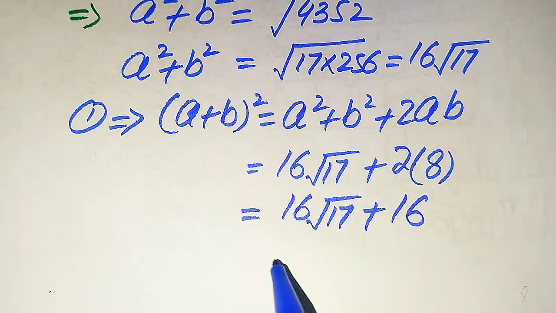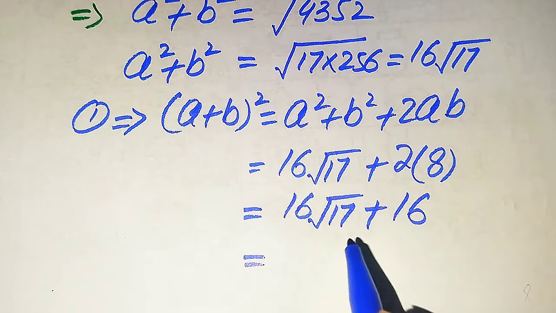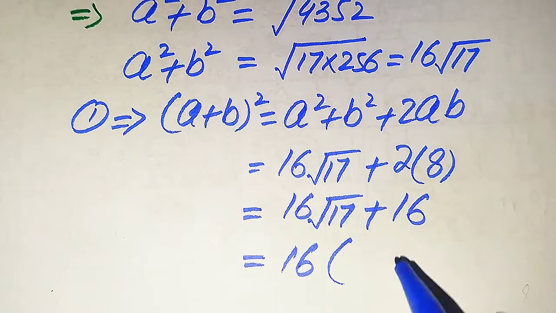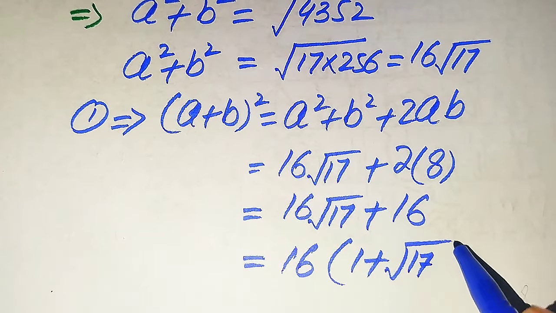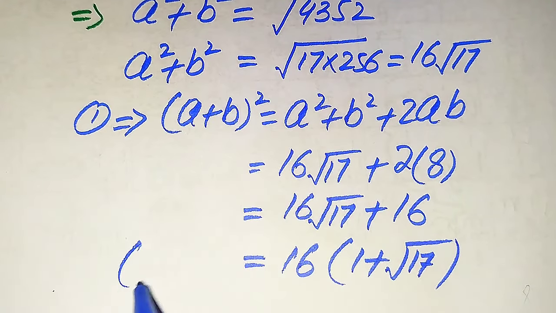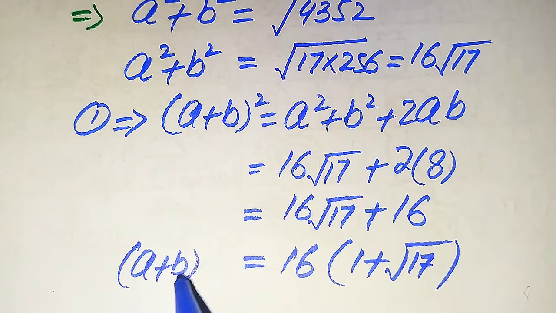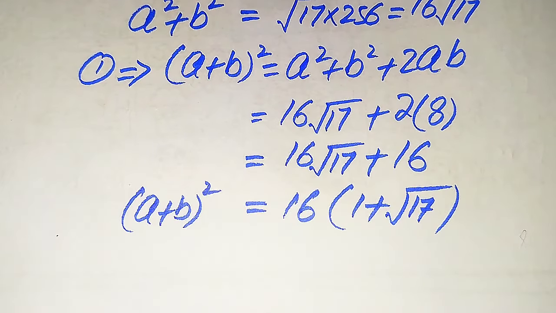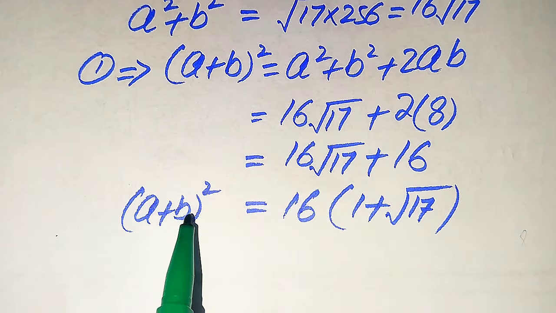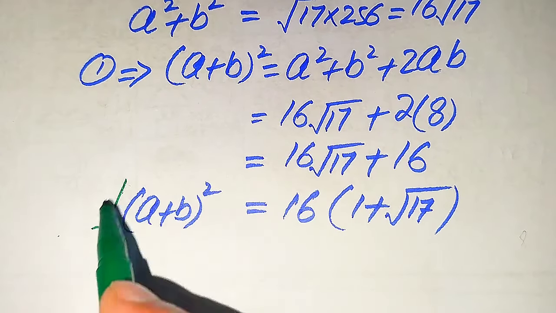You see both of these two terms involve 16, so we take 16 common from here and we get the remaining values as 1 plus the square root of 17, and on the left hand side we have (a plus b) whole square. Here our target is to find the value of a plus b. So for the value of a plus b, we need to remove the square sign from the left hand side.